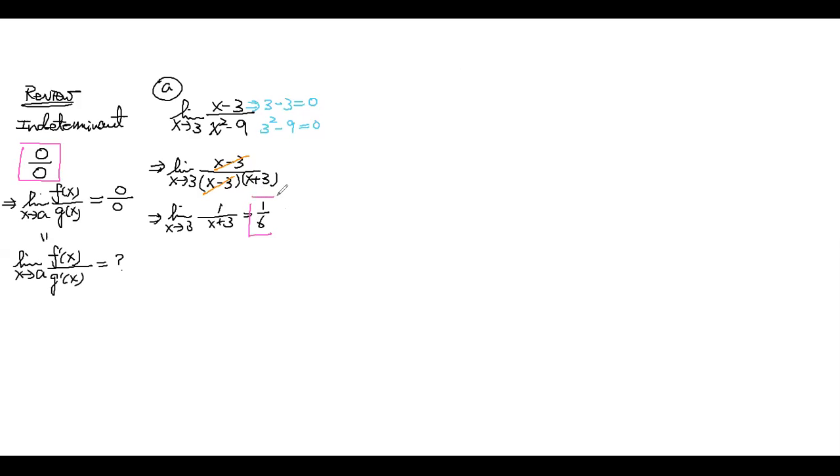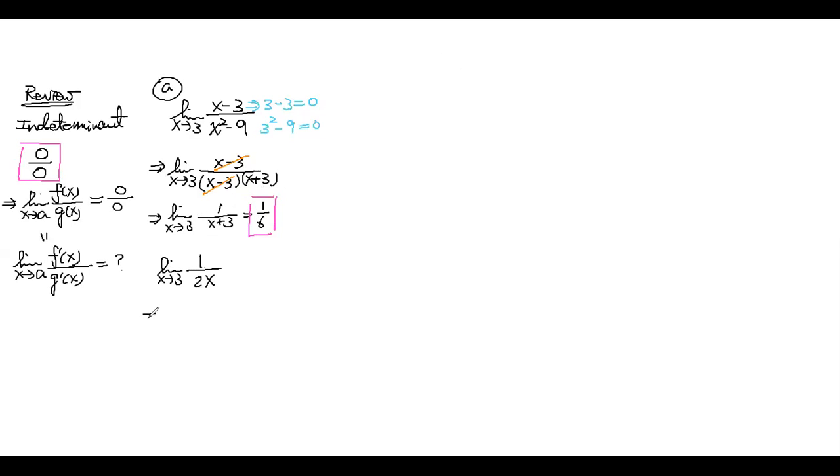How about if I use L'Hopital's rule here? Because I do have 0 over 0, right? So L'Hopital's rule will tell you that you can take the derivative of the numerator and the denominator. So x minus 3, the derivative is what? The derivative of x is 1, right? And then what is the x squared? The derivative is 2x, right?